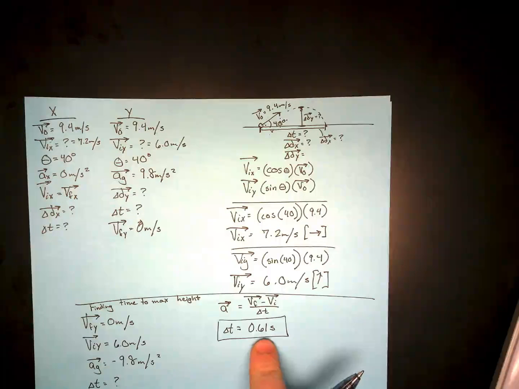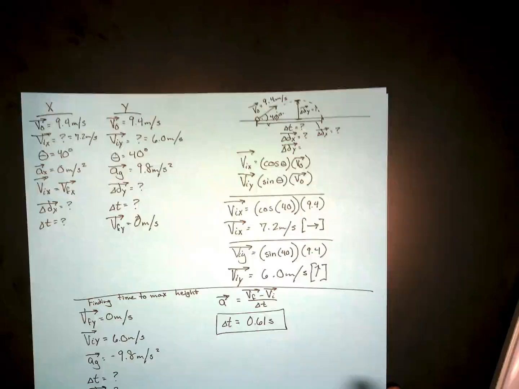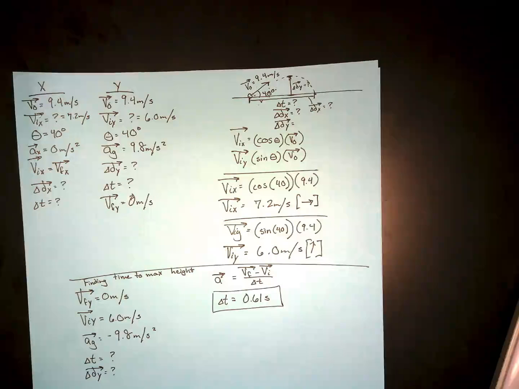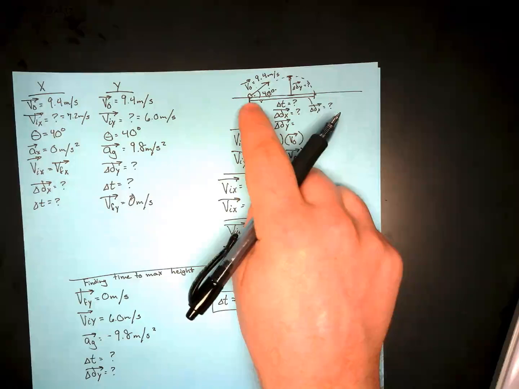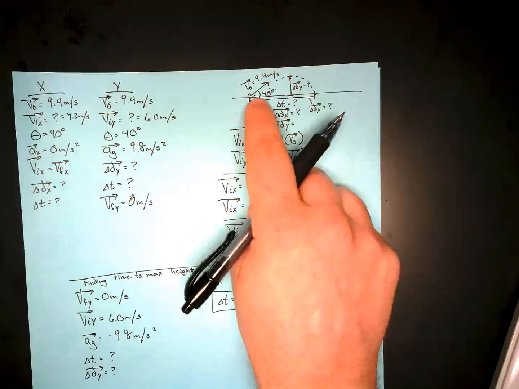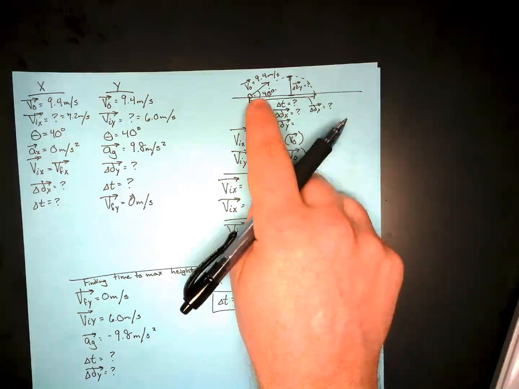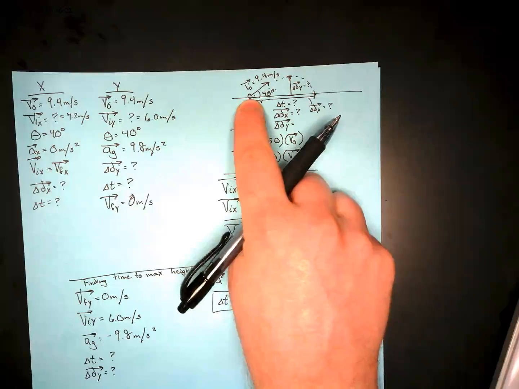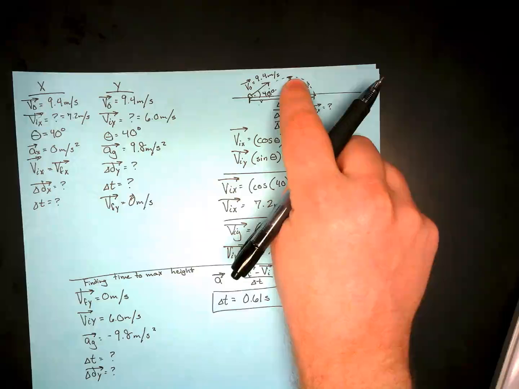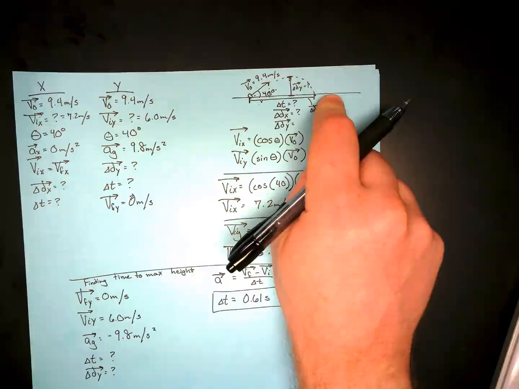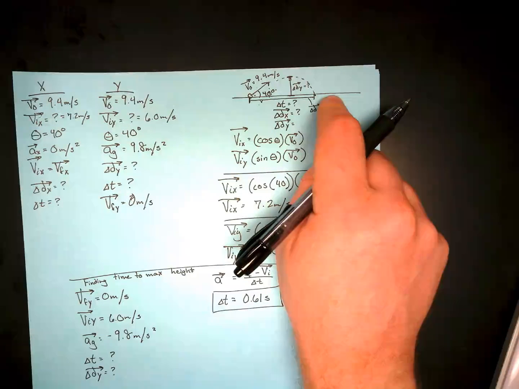Now, you're probably asking Mr. Sheeline, okay, what about the other half? I'm glad you asked. Because we're kicking this on a level playing field and there's no air resistance, the time it takes to reach its maximum height will be exactly the same time it takes to hit the ground.